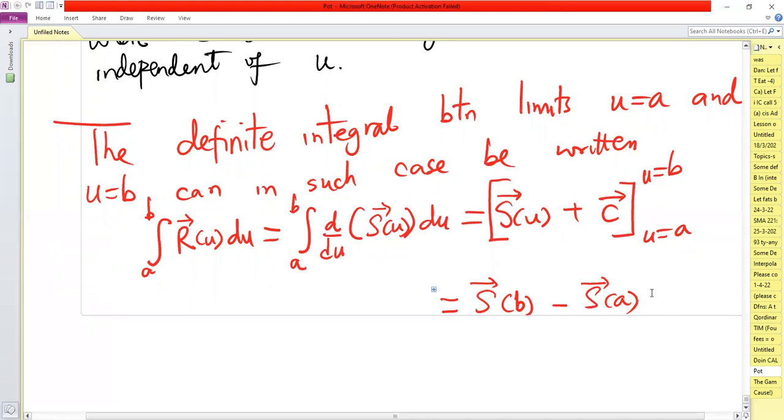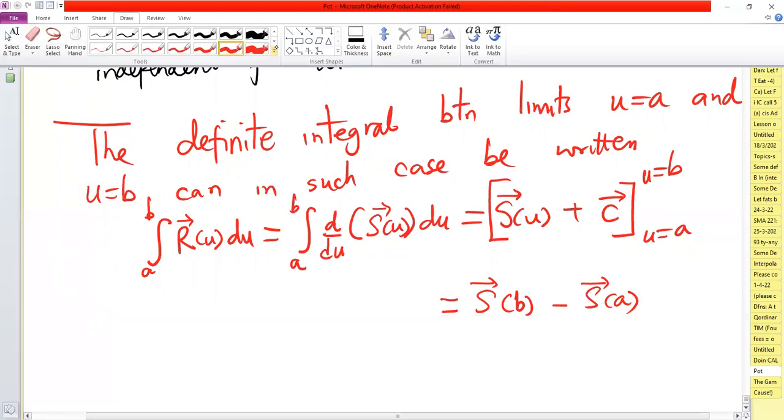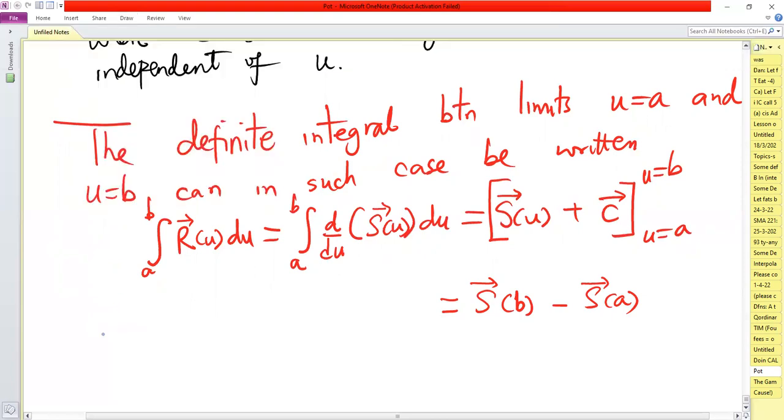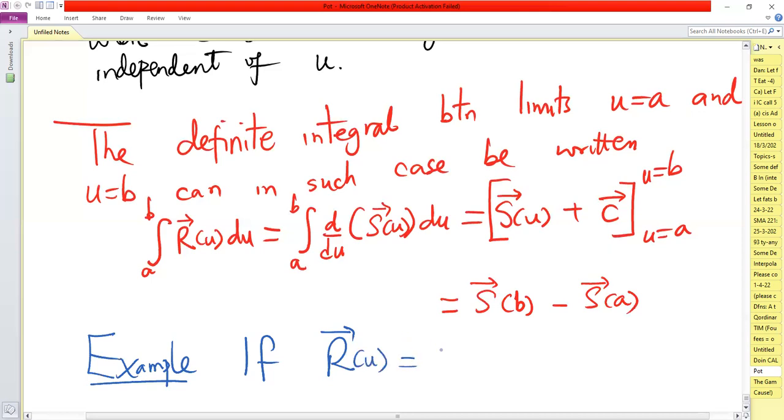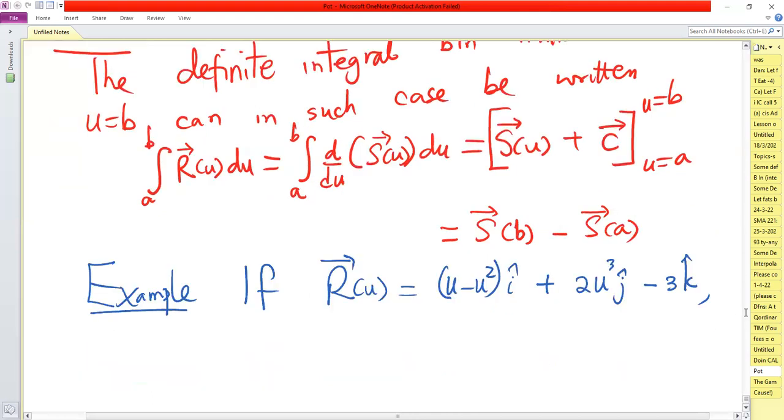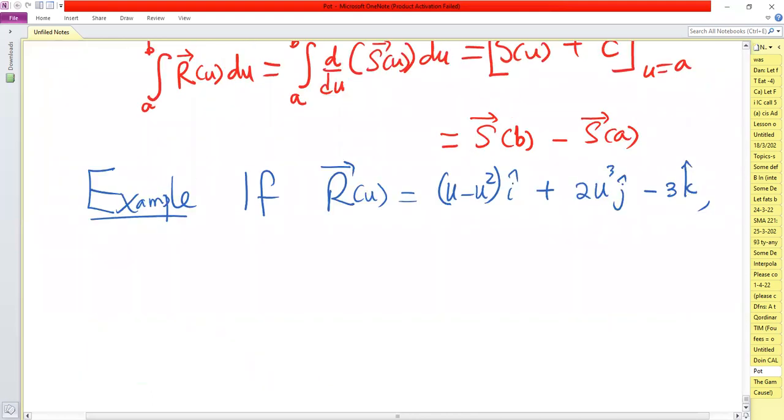So now let's do an example to illustrate how to work out these ordinary vector integrals. So example, if this vector R of u is given by u minus u squared i plus 2u to the power 3 j minus 3k, find, so there are two questions.